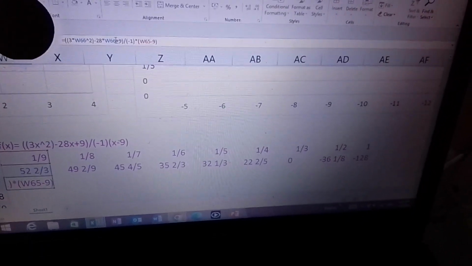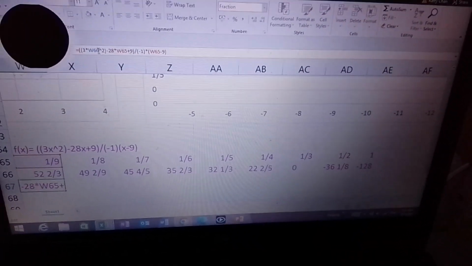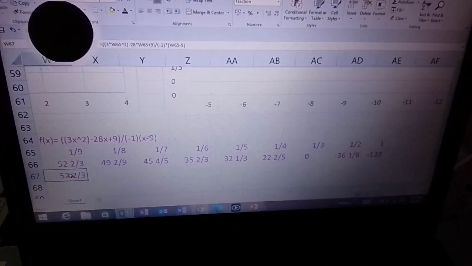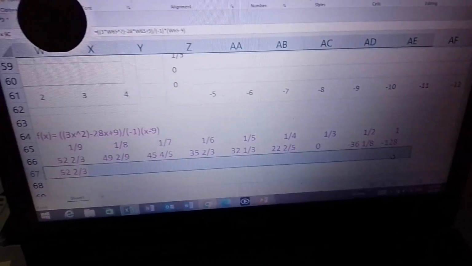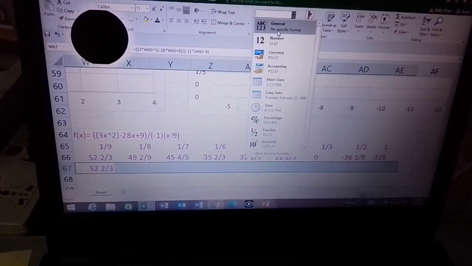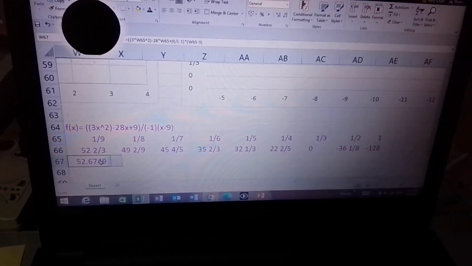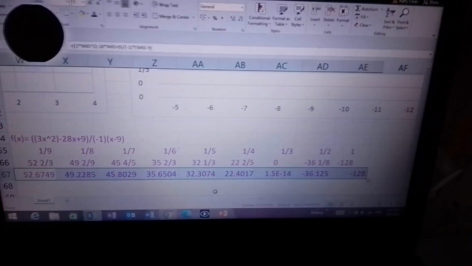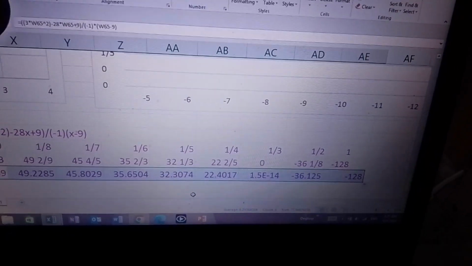Like that. This becomes 65 again. The last one becomes 65 from 66. Did we get it right? And then let's change this to decimal to see how this will turn out. Decimal. Yan. And then we drag, drag, drag.